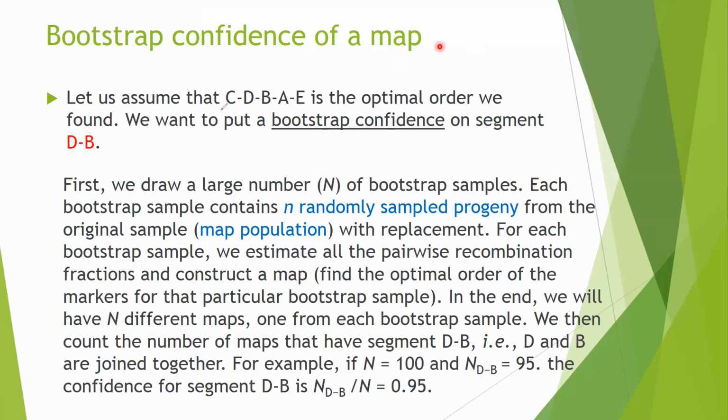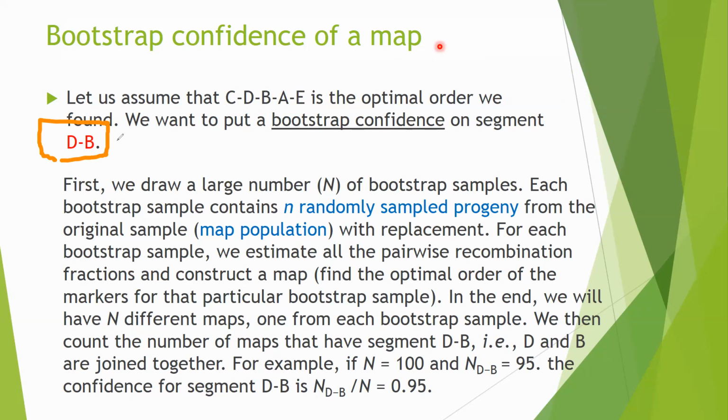For example, we use a backcross design or an F2 design to get a lot of data, so we can construct a map like this. Suppose this is the map we got from our experiment. We have the order of 5 loci, but we are more interested in these 2 loci, let's say gene B and gene D. We want to find if they are tightly linked or not.